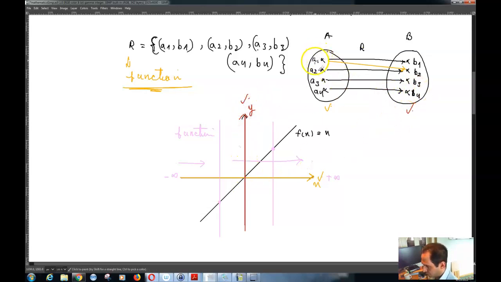So when every element of A is mapped to only one element of B, then you will get some situation like this, where, for example, this element over here, A1, is mapped to only one element in the range. So this is your domain, this is your range. So that's basically very simply that definition.